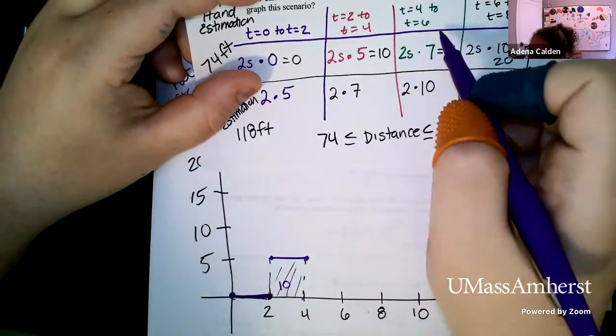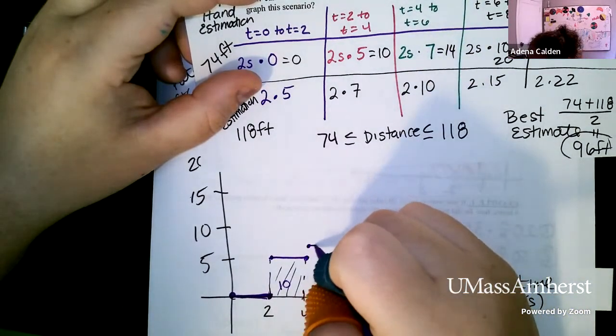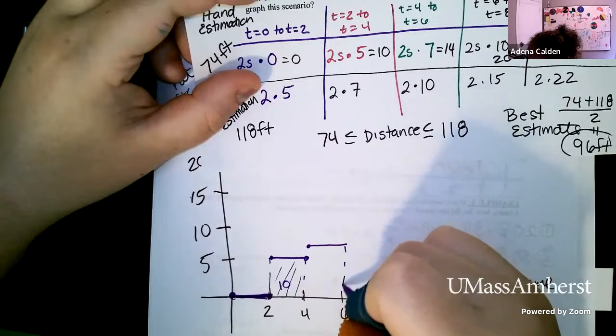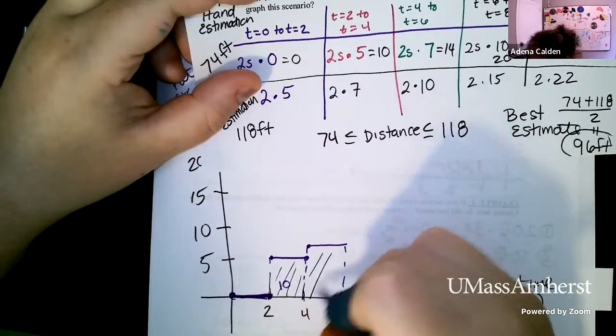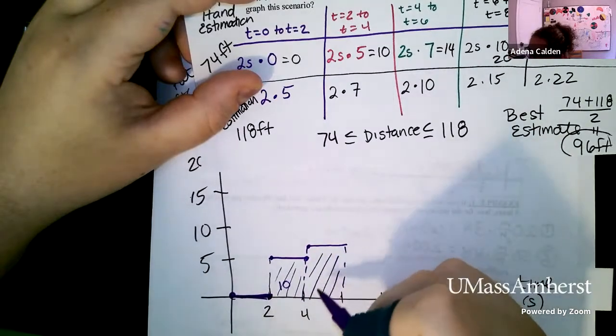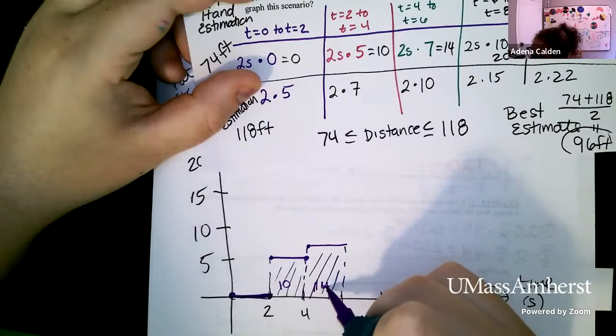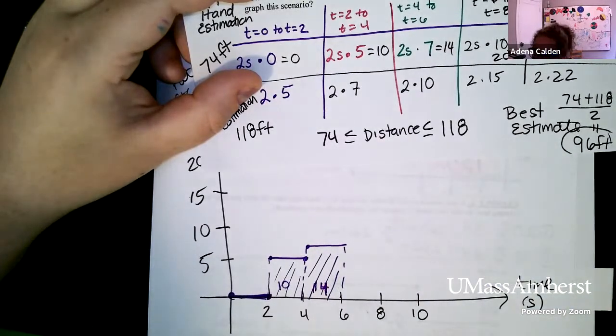From time 4 to time 6, we assumed a rate of 7. So again, by assuming this constant rate, this is what forces these little rectangles to sort of come to light. So that was 14 when we multiplied the 2 times 7.